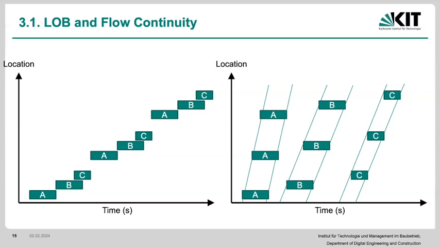But what could happen is that it can be reoriented so that activity A could all be carried out together. So activity A for the first unit, for the second unit, for the third unit, and it's going to create a flow there.